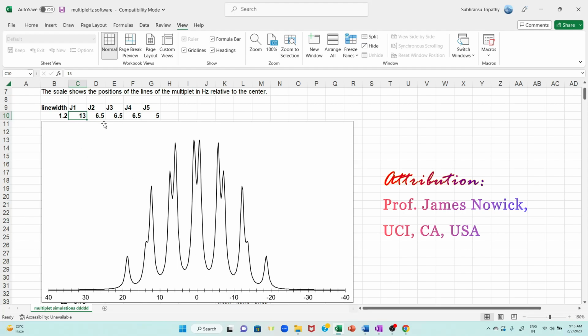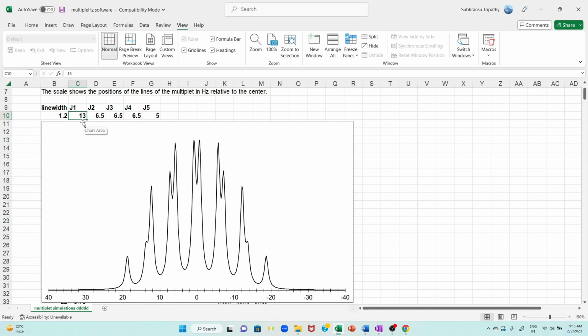And I have given this for a DQD. This is the 13 Hz for the geminal coupling and 3 protons for the quartet, 6.5, 6.5, and the last one is again J3 for the lower value, the Gauss, smaller dihedral angle, 5.